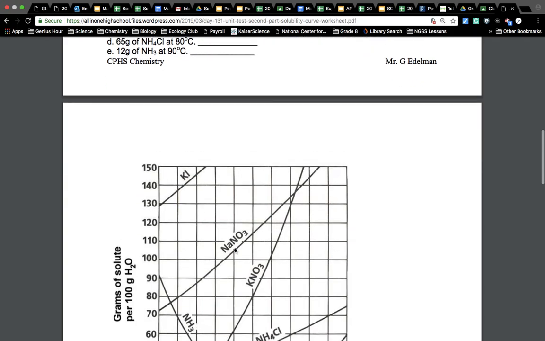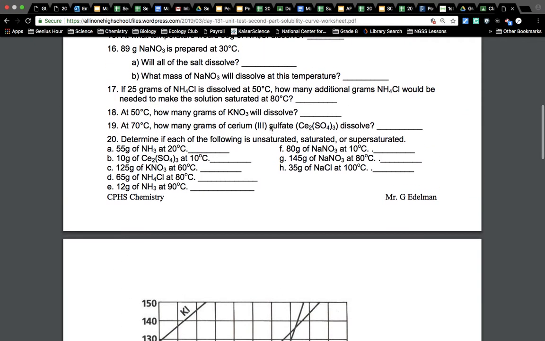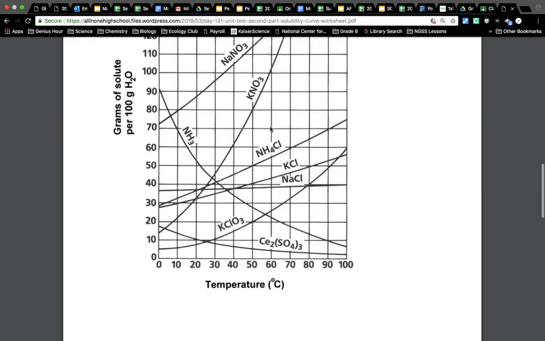125 KNO3 at 60. So at 60 KNO3 will hold around 100. And what did we have? 125.